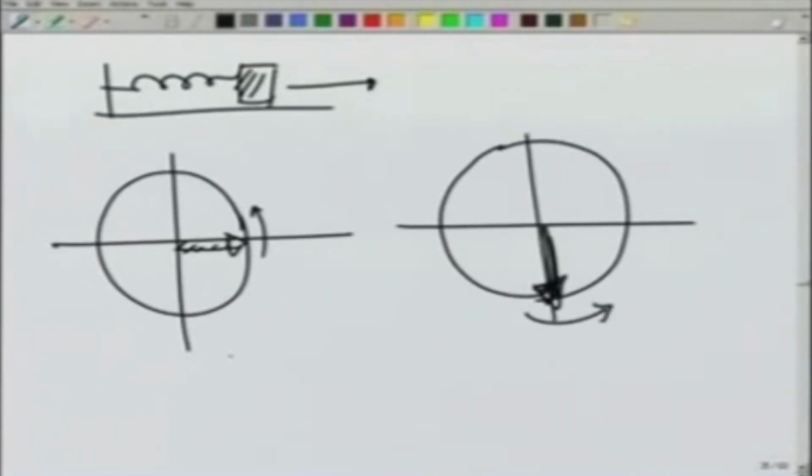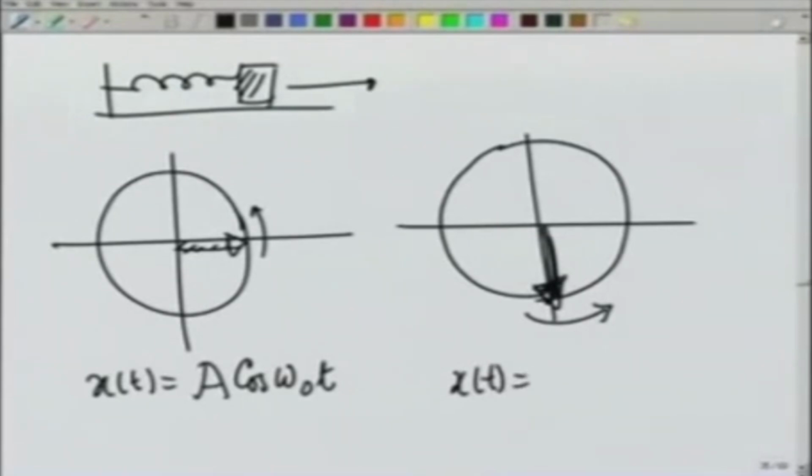You can see in this case x(t) would look like the amplitude, which is the radius of the phasor, times cosine of omega 0 t. In this case, because after time t it will be here, this projection would be a sine of omega 0 t.